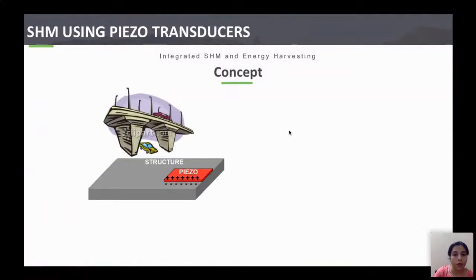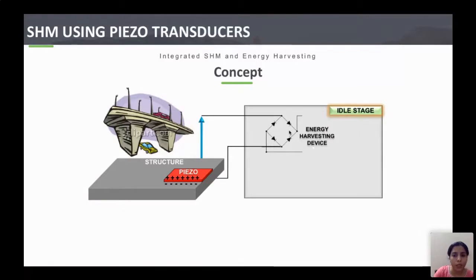Let's understand the concept of integrated SHM and energy harvesting. Consider any structure where you have attached a piezoelectric patch, for example a bridge over which some vehicles are moving. Because of the vehicle movement, there are mechanical vibrations in the bridge. Those mechanical vibrations will be converted into electrical energy using the piezoelectric material, and that electrical energy will be stored in some storing device.